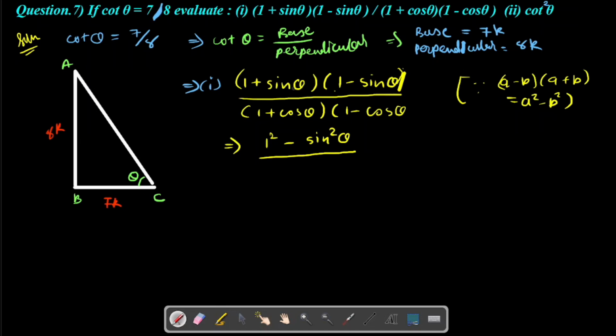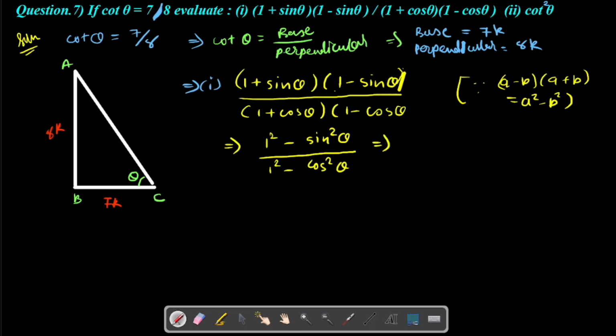We cannot change the angle, we just square the value of this particular trigonometric ratio, so we write the square sign on sine, because we have to find sine theta and then square it, not sine theta square. So similarly here we can also write 1 square minus cos square theta.